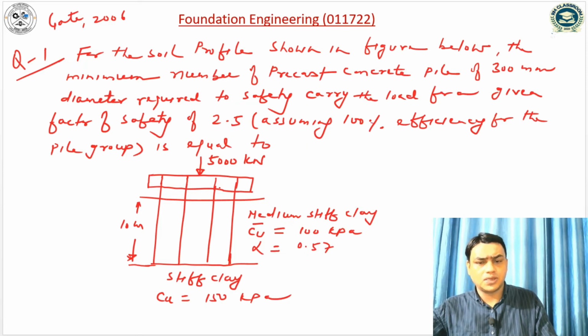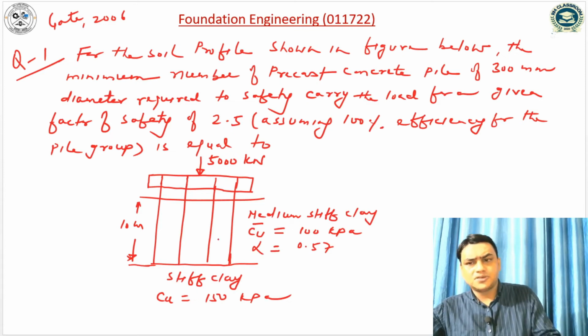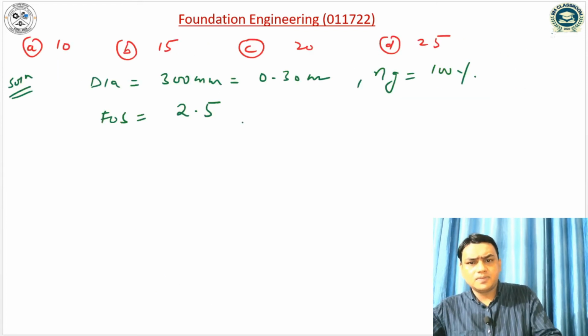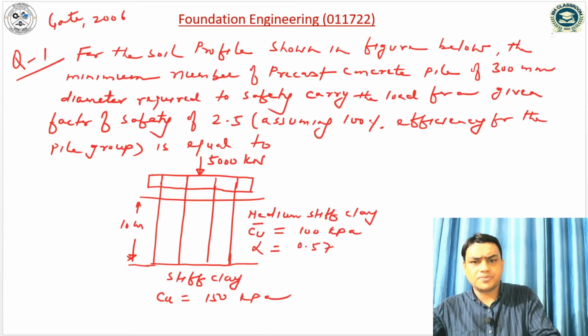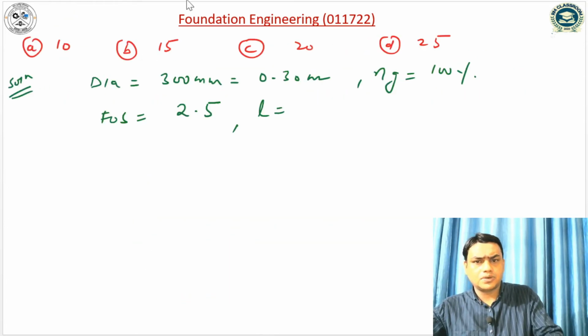The length of the pile is 10 meter, and the average undrained cohesion of the medium stiff clay along the length of the pile is 100 kilopascal, and at the base of the pile the undrained cohesion is 150 kilopascal. So the length is 10 meter.